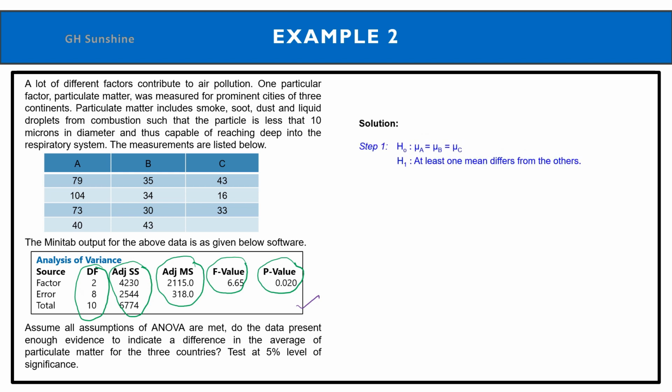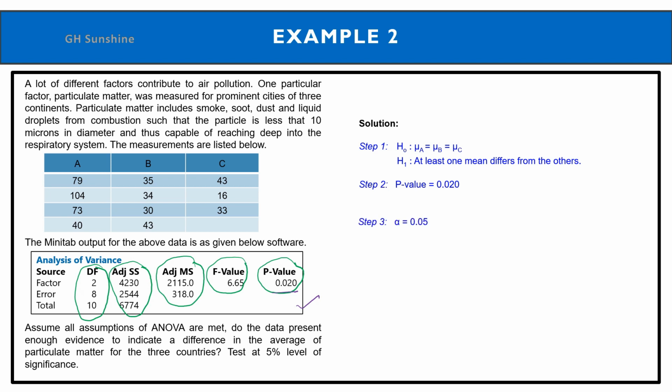So first step, set up the null hypothesis and alternate hypothesis. So null hypothesis mu A equal to mu B equal to mu C. Then H1, at least one mean differs from the others. Second step, P value equal to 0.020 here.